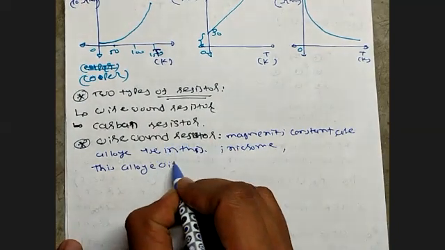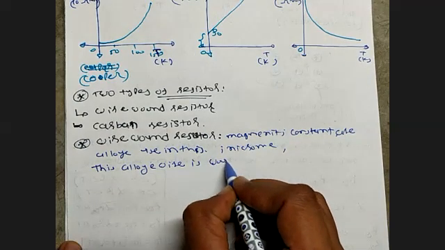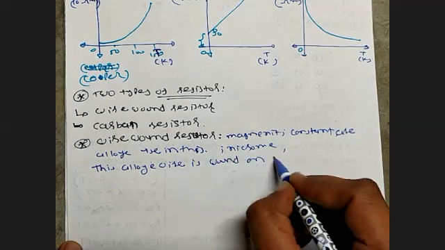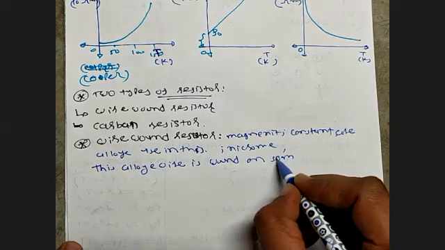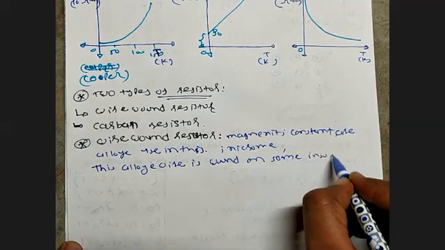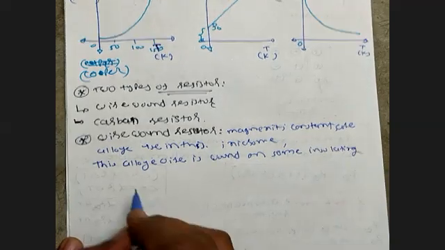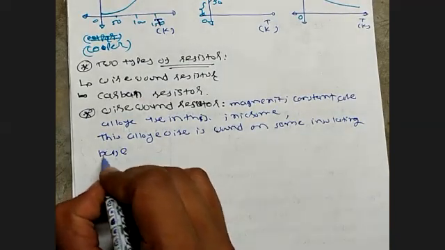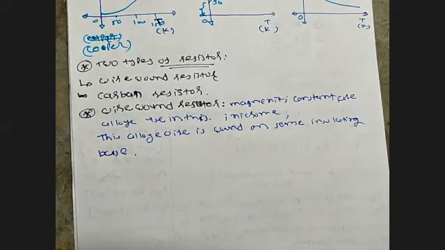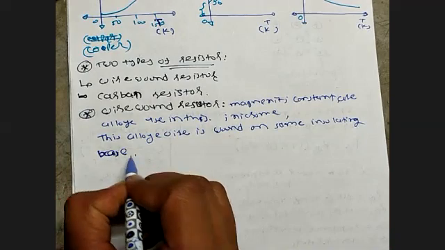These alloy wires are wound on some insulating base. You have to understand, on an insulating base.